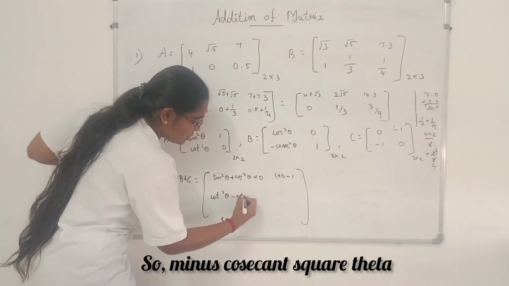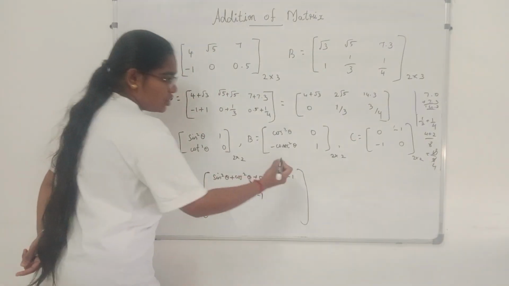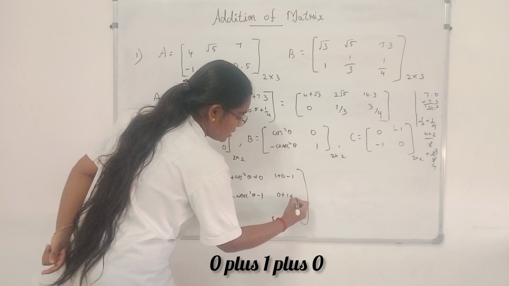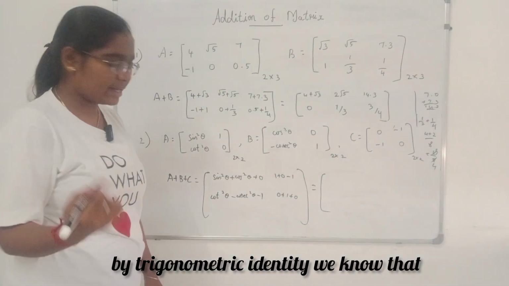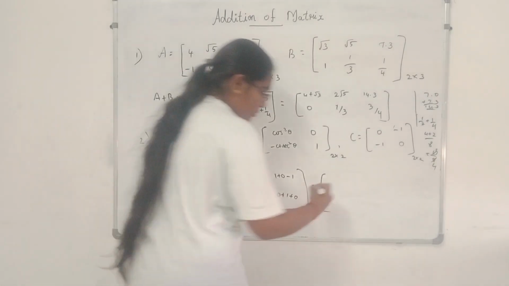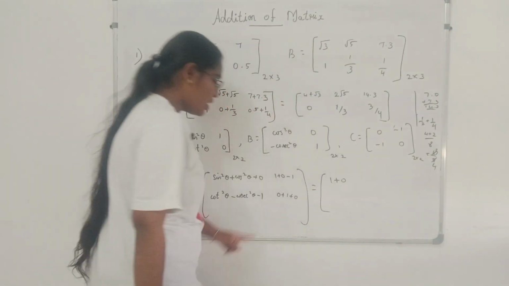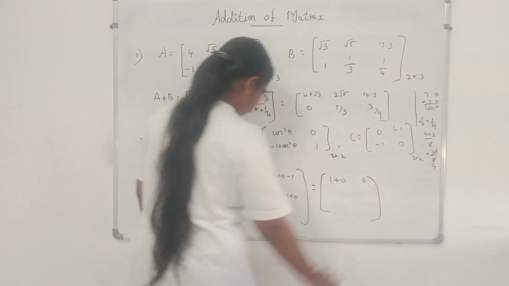So, minus cosecant square theta minus 1, 0 plus 1 plus 0. So, by trigonometric identity, we know that sin square theta plus cos square theta will be 1. 1 plus 0. Next, 1 minus 1, 0.